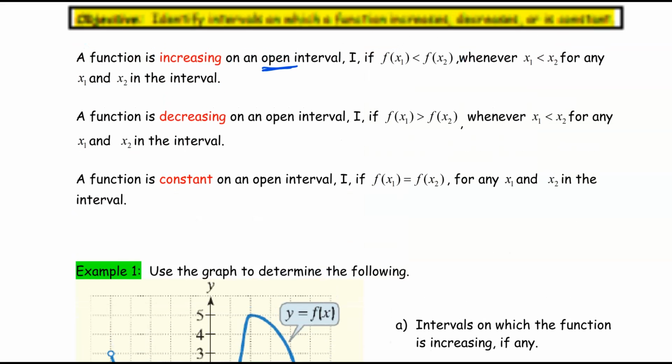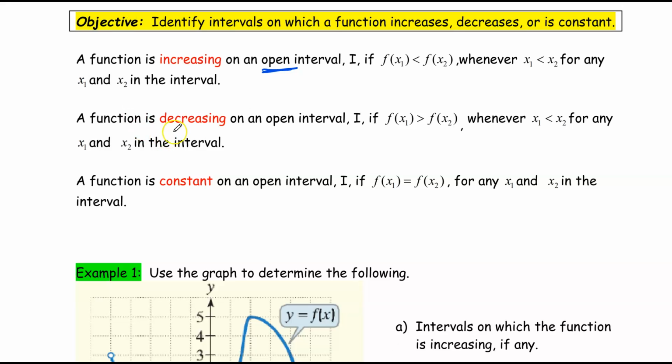Now, a function is decreasing on an open interval whenever you have increasing values of x and your y values are decreasing. So on your graph, you look at the interval for which the function is falling.